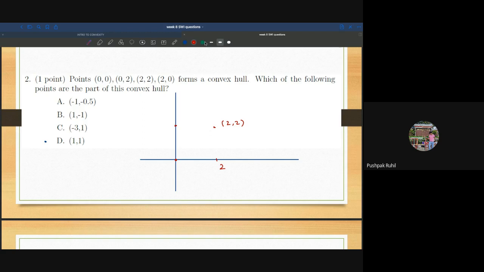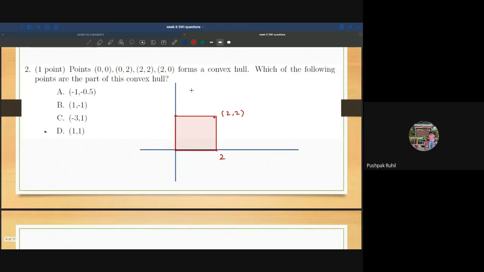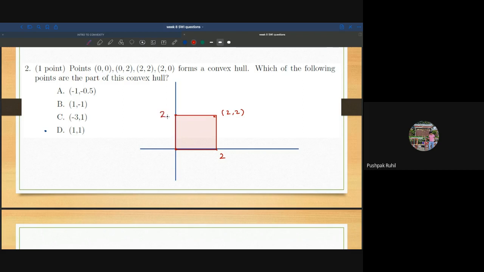If we join these points, this shaded region, including the boundary points, is our convex hull. So what are the options given to us? We have -1, comma minus half, which would be somewhere here, which is outside the convex hull. 1, comma -1 is again outside our convex hull.